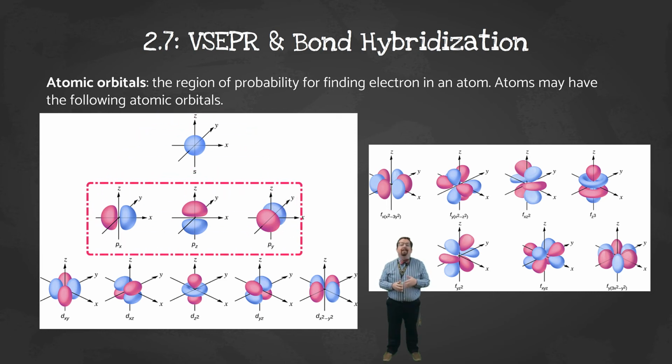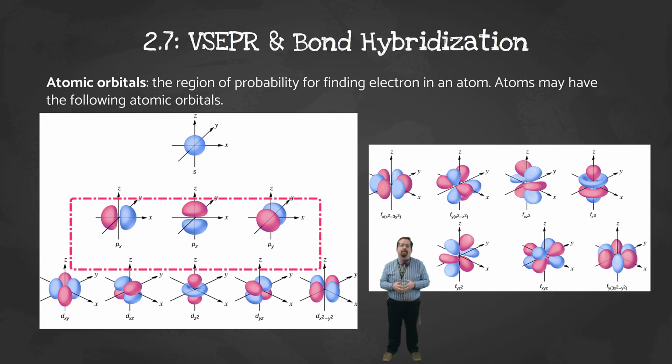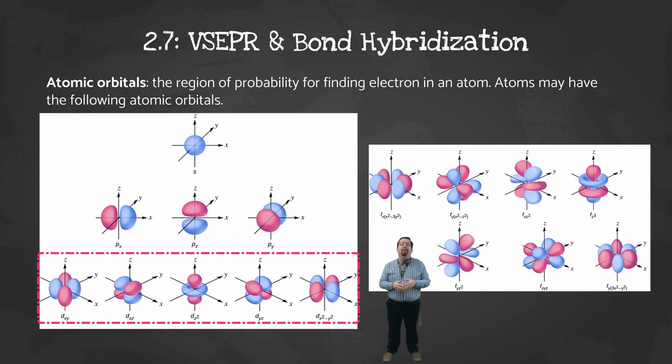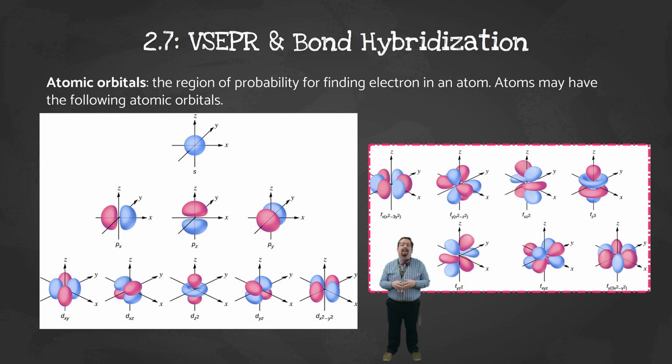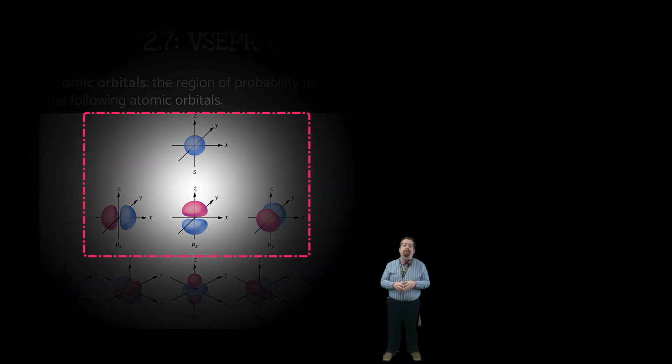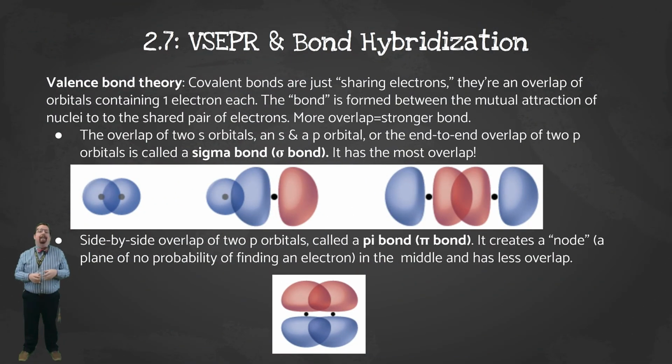The p orbital has 3 dumbbell-shaped suborbitals, each residing on the x, y, or z axis of the 3-dimensional world. The d orbital is a little more complicated with 5 possible suborbitals, and f is just out of this world with 7 suborbitals. We really only need to focus on s and p orbitals for now. The valence bond theory says that covalent bonds are just an overlap of the orbitals from each atom.